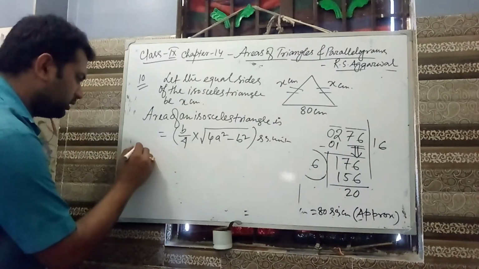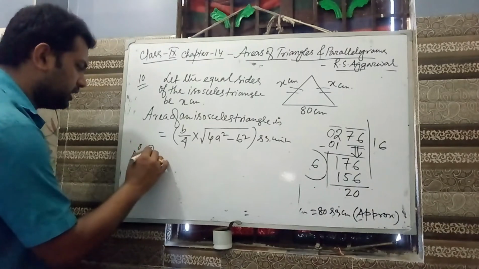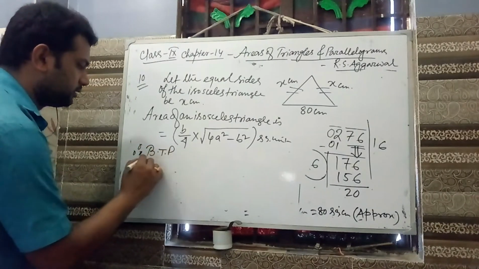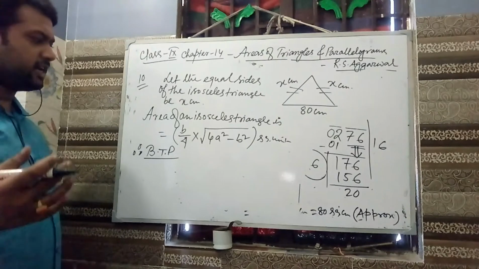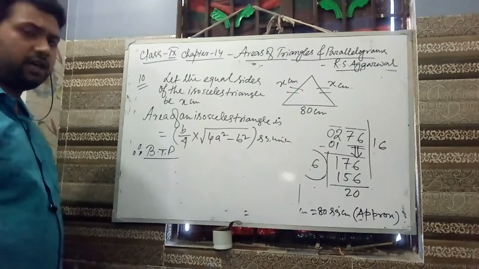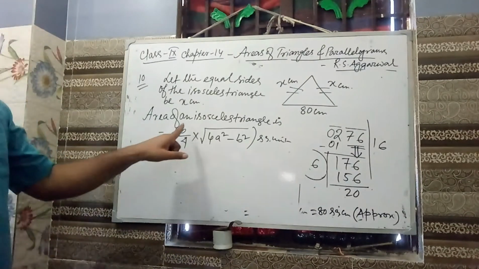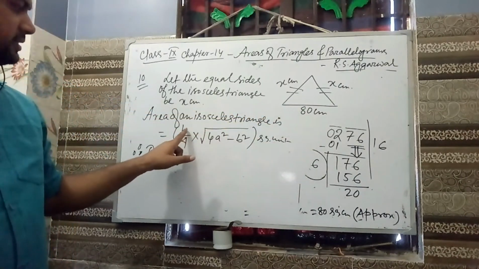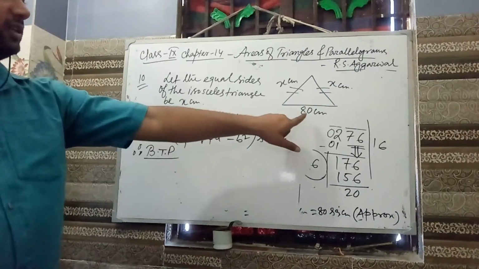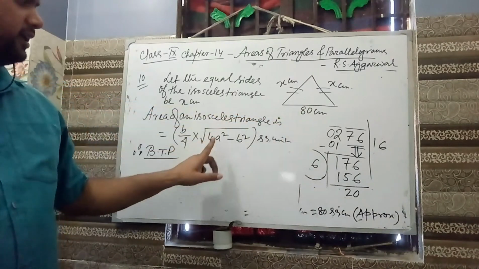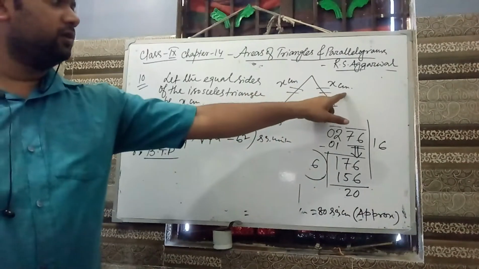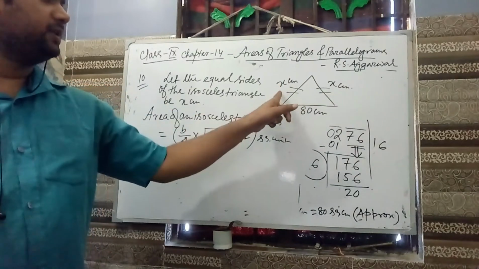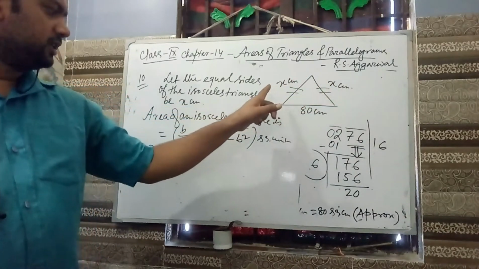So write down, therefore by the problem, 360 is the area and this one is also the area. But here b is the base, that is we have to replace b by 80 and a is the length of the equal sides, that we have taken as x.